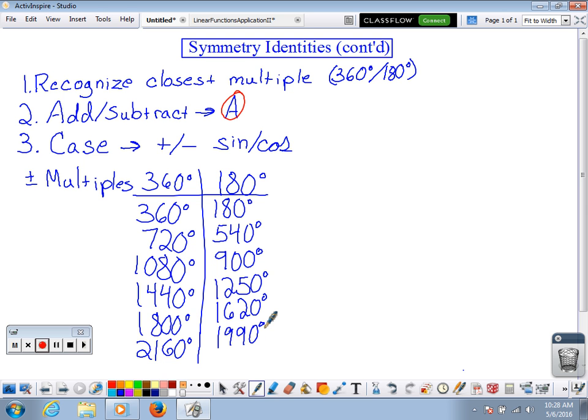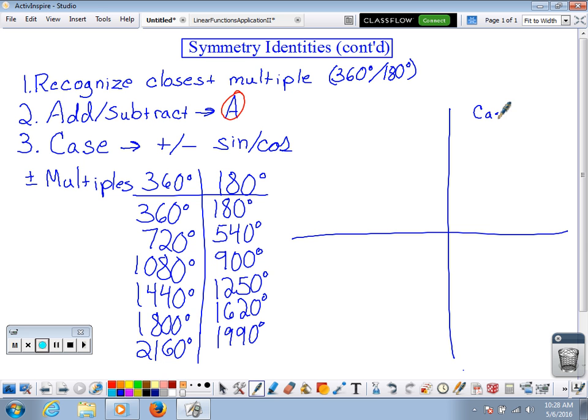Once we have that, we can determine which case it is. The cases refer to which quadrant the angle is in. It's not as simple as case 1, case 2, case 3, and case 4. I wish it was, but for whatever reason they decided to number the cases differently.